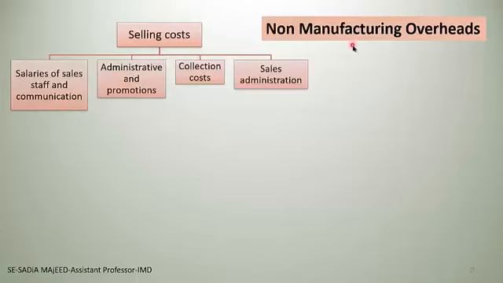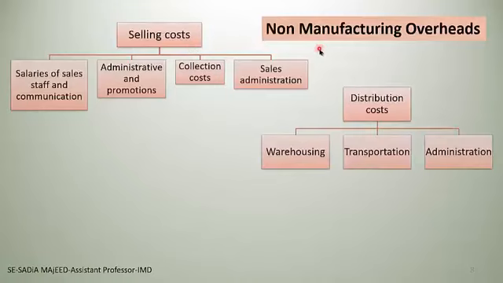That is why they are considered non-manufacturing. Then we have administrative and promotion, collection cost, sales administration, etc. Anything which is related to the selling of a product comes under the selling cost, which comes under the non-manufacturing overhead.